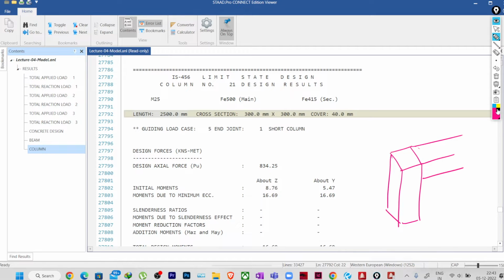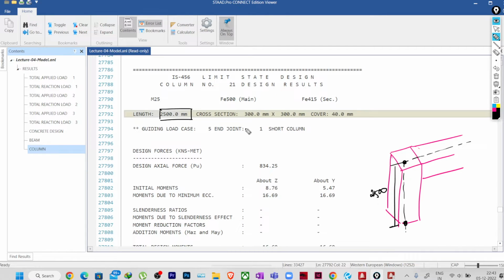So what we have modeled, actually we have modeled this point, right, like this. So this distance is given here as 2500. So this is the total node to node distance. Okay, so this total node to node distance is 2500.